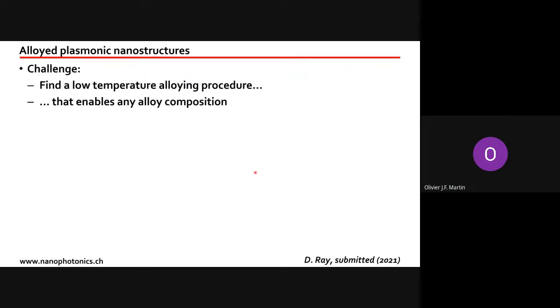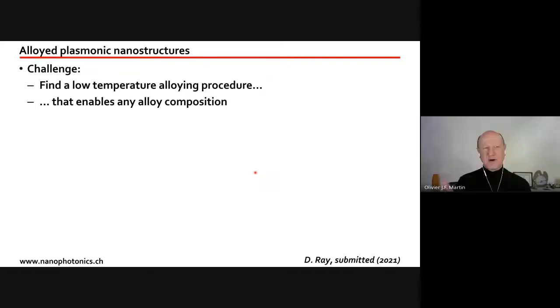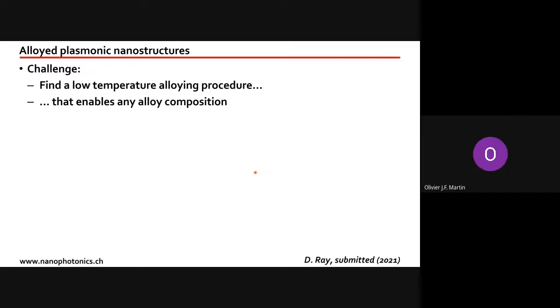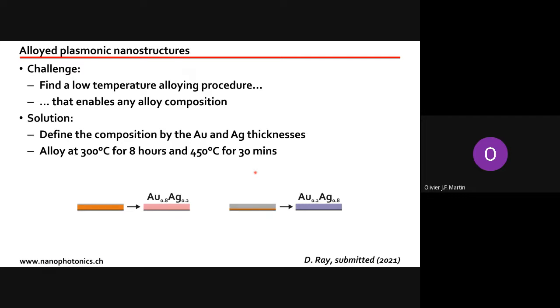So the question we addressed was, would it be possible to find a low temperature alloying procedure that would enable any alloy composition just with the standard equipment we have, and that would maintain the size of the nanostructures? And what Deb Data found was, yes, we can do that by alloying at quite a low temperature, only 300 degrees Celsius, but for a very long time.